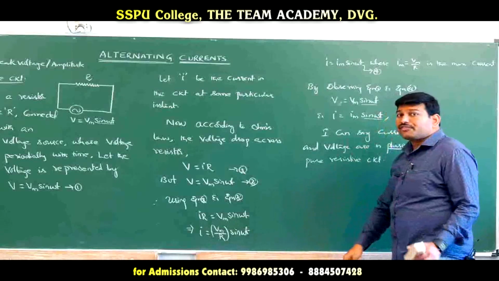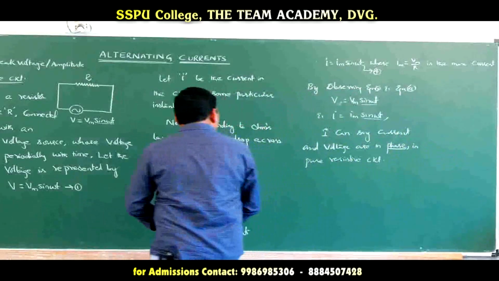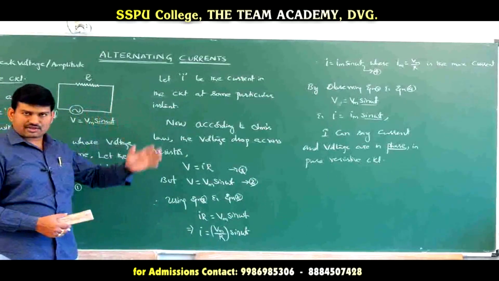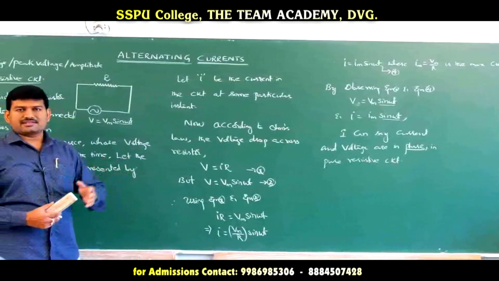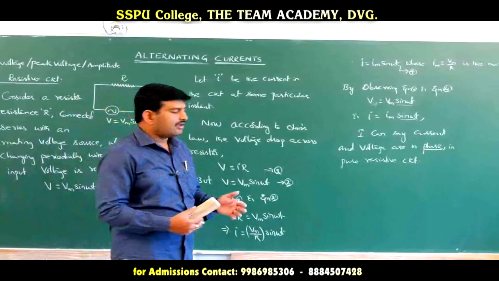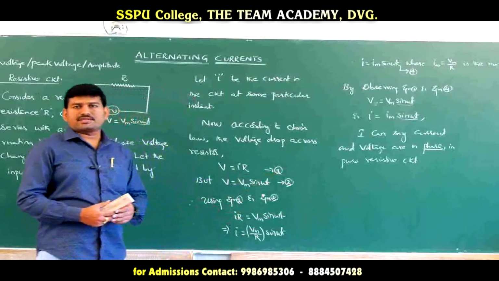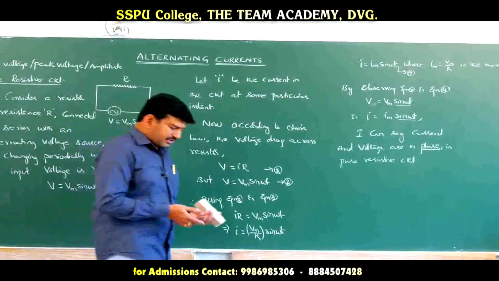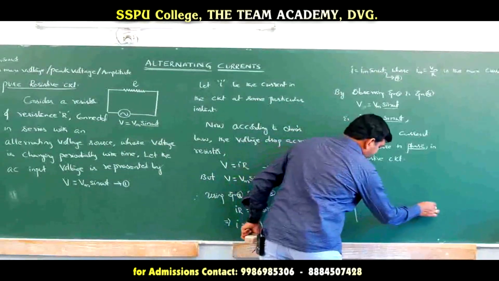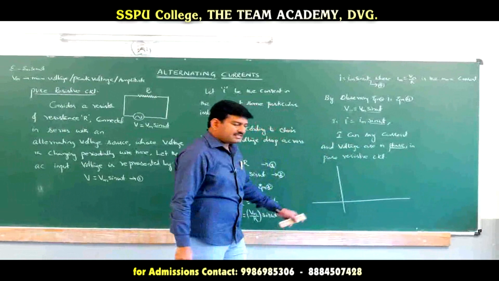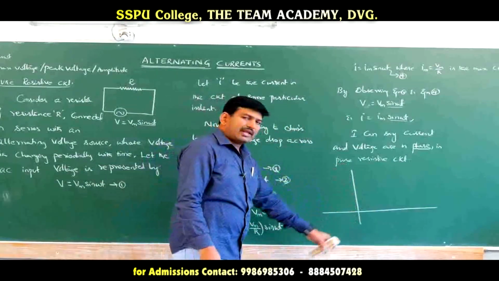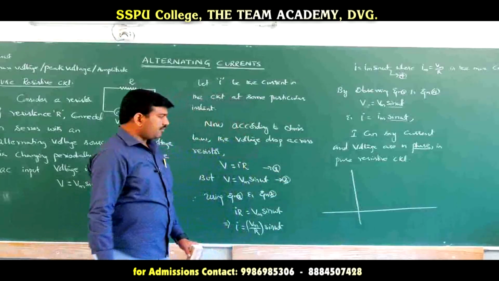Now, if they are in phase, then how to represent the current and voltage in an AC circuit? In a pure AC resistive circuit, how will voltage and current vary sinusoidally? We are going to represent that graphically. This is the time axis or the angle, and the y axis represents the current and voltage.